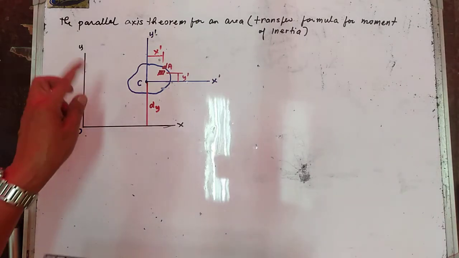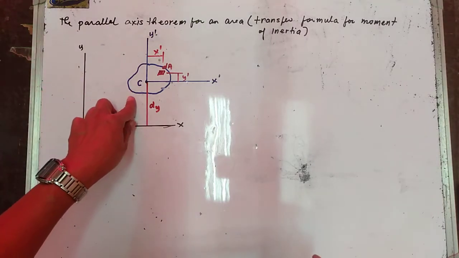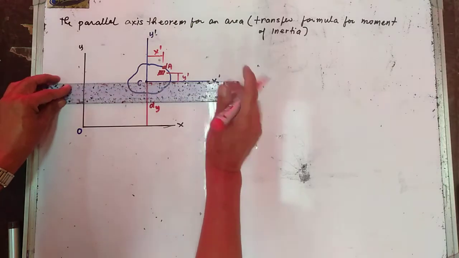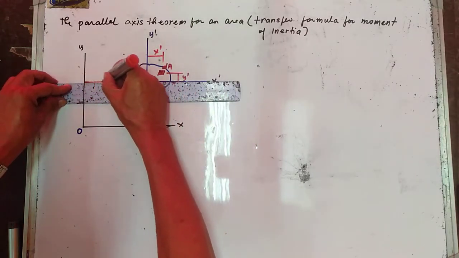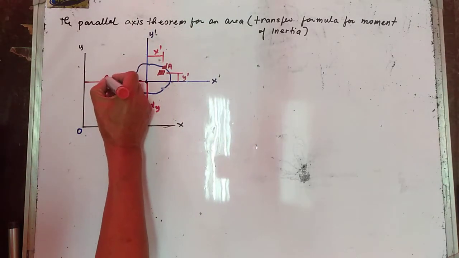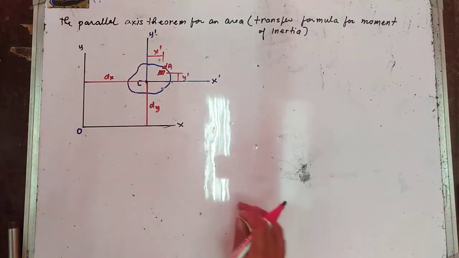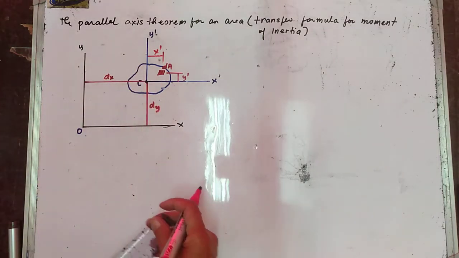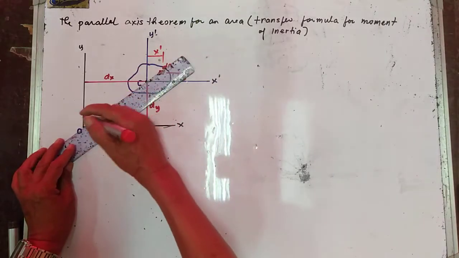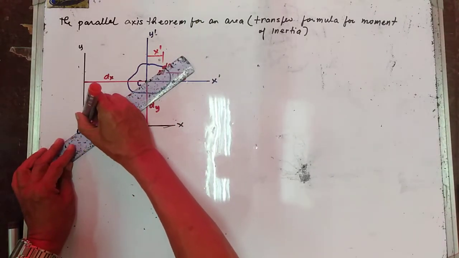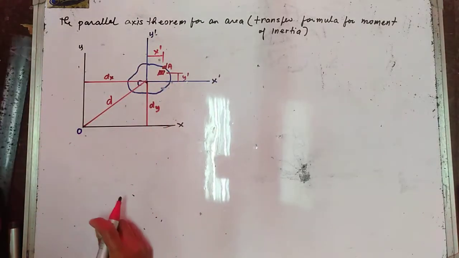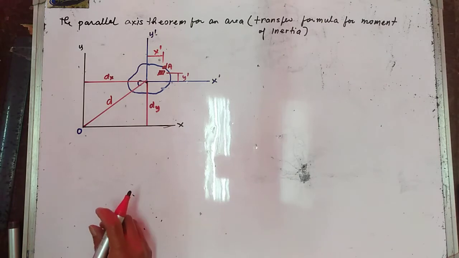And the distance of the centroid of this area from the y-axis, let us consider this one as d, the distance parallel to the x-axis. And this is now your dx. So the distance of the centroid of this area from pole O is now equal to d.